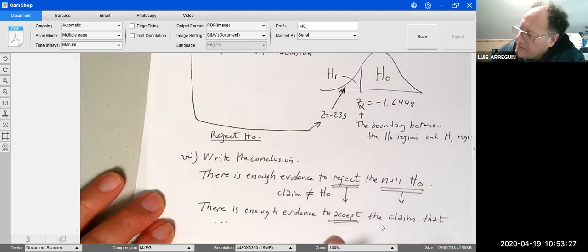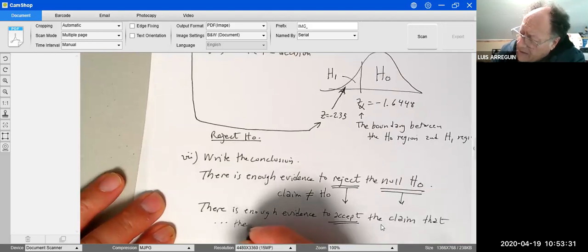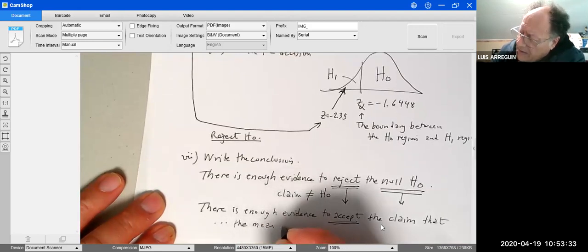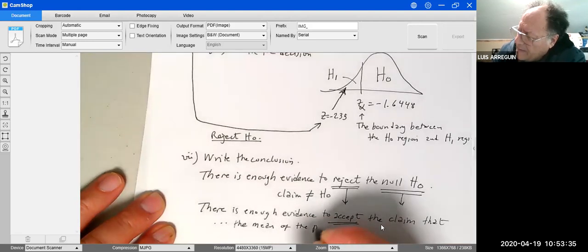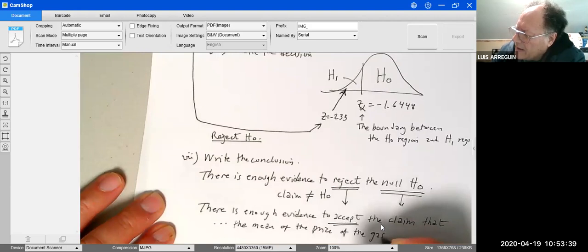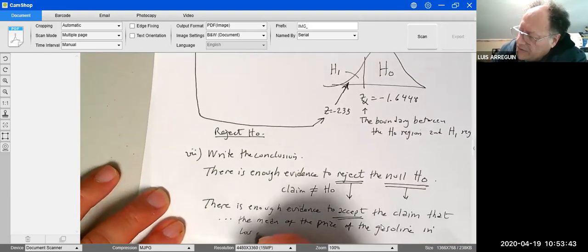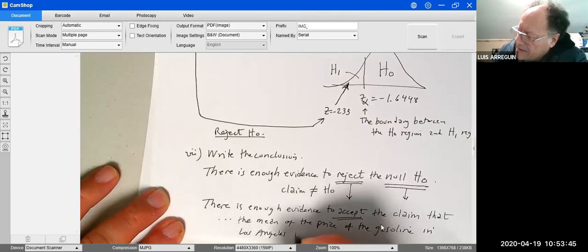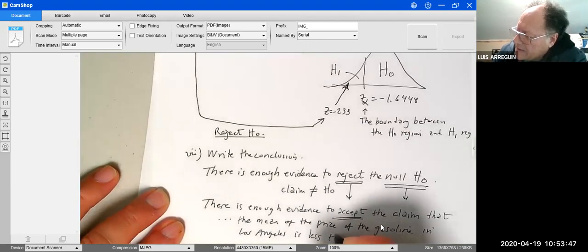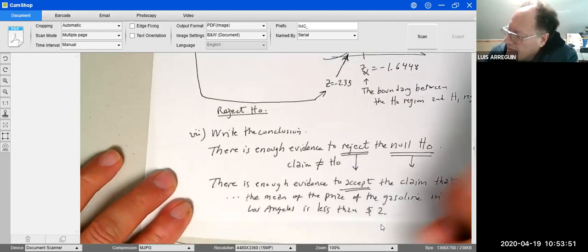There is enough evidence to accept the claim that the mean price of the gasoline in Los Angeles is less than $2.82.